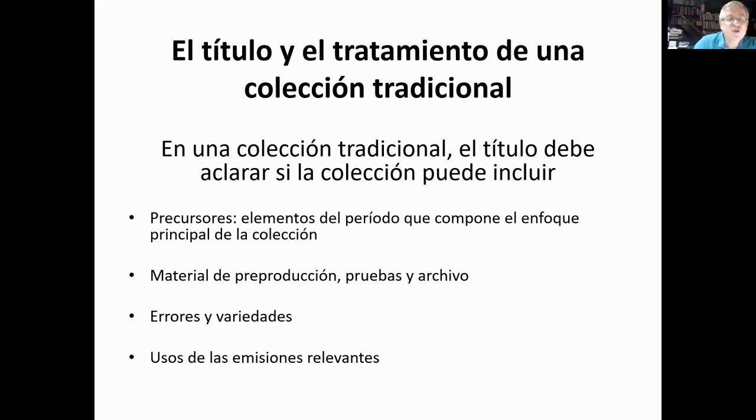Now, in a traditional exhibit, there are very similar arguments that can be put forward. The title should clarify whether the exhibit might include forerunners, that is to say, items prior to the material comprising the primary focus of the exhibit.